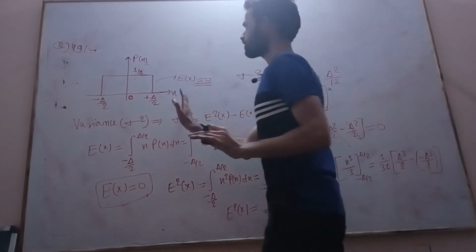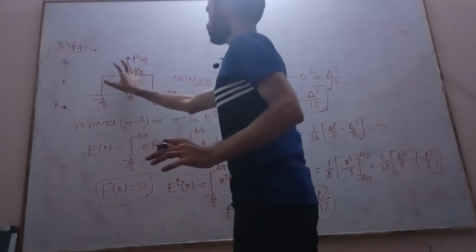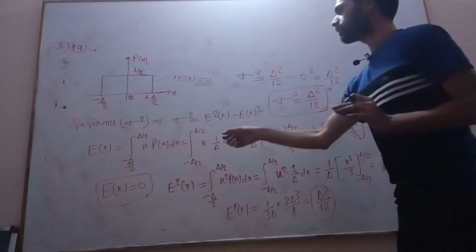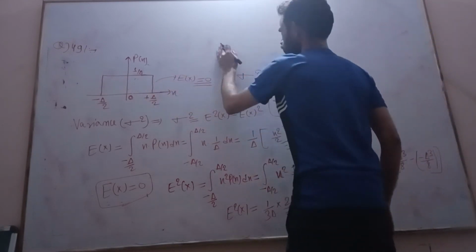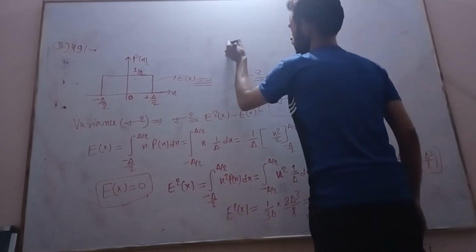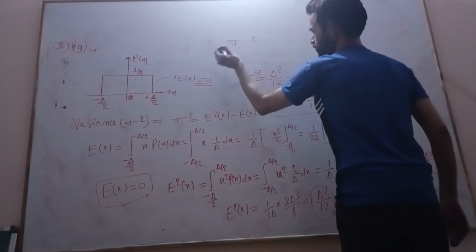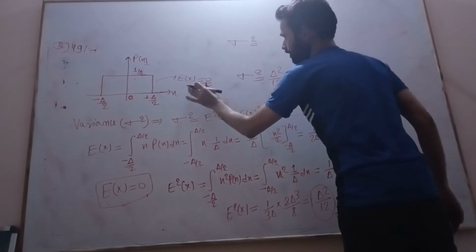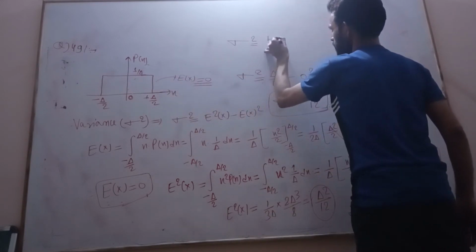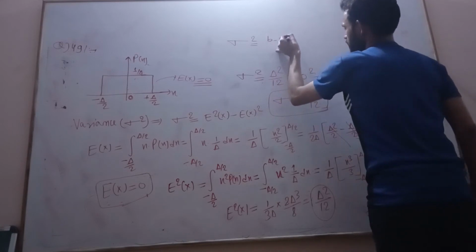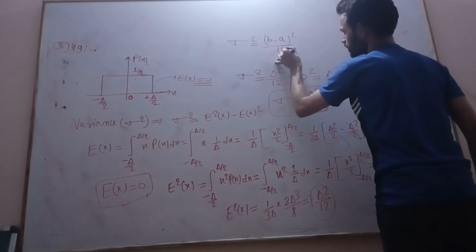There is also a shortcut for computing the variance, valid only for a uniform distribution: sigma square is equal to B minus A whole square divided by 12.